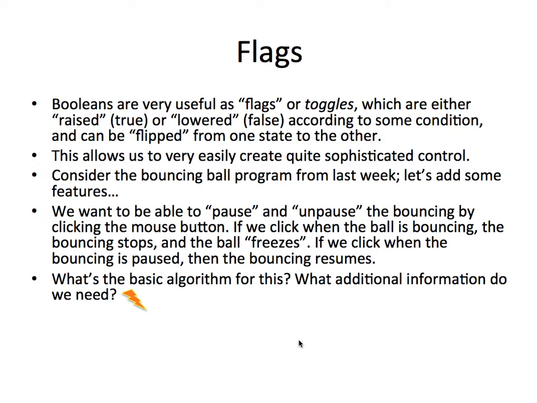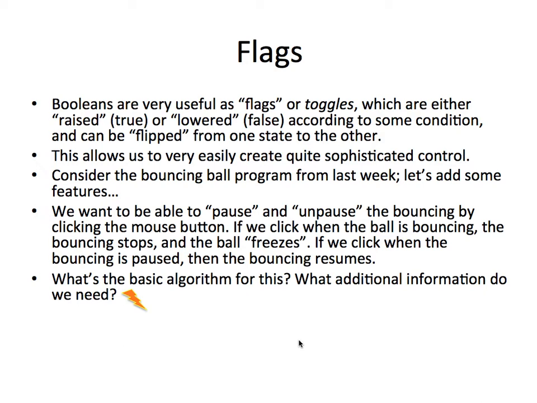So until something in the program raises the flag to denote that we've actually finished doing what we need to. In this way, different parts of a program can have control over its flow of execution by setting or unsetting the value of a toggle switch flag variable. And that's actually really powerful. So let's look at that in the context of the bouncing ball program from last week.